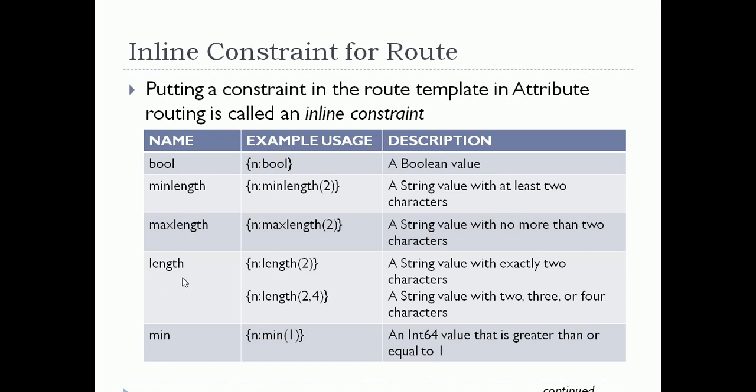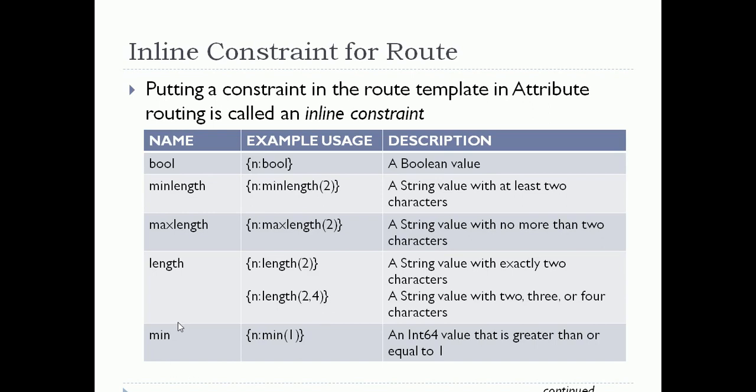When we use length and 2 is specified here, it means it will take exactly a 2 character string. And when we specify a range for length, here it is 2, 4, it means it will accept any string value of length 2, 3 or 4.